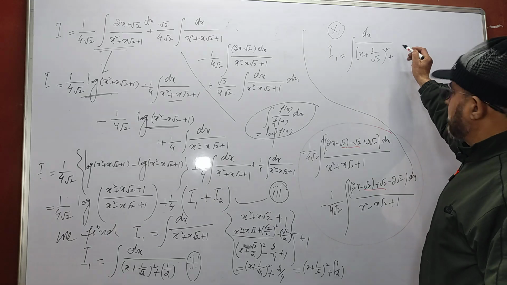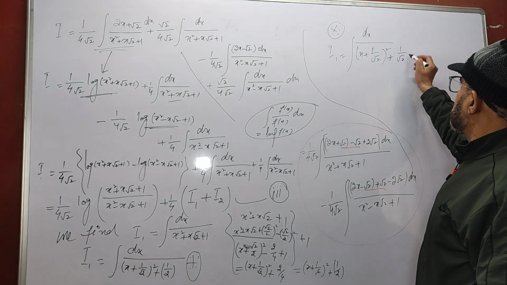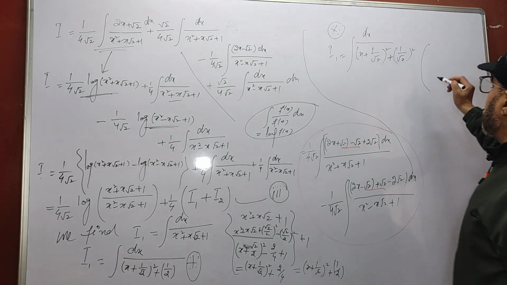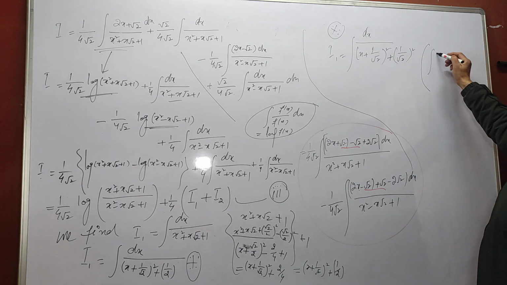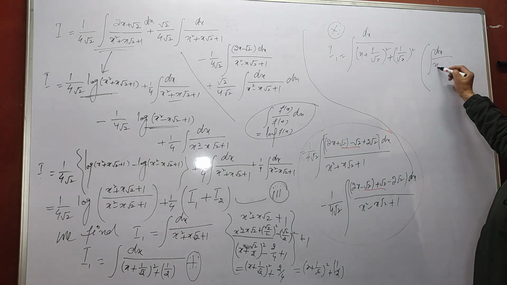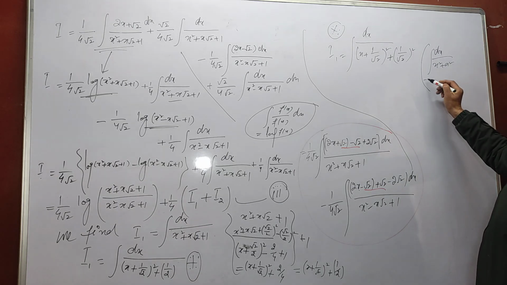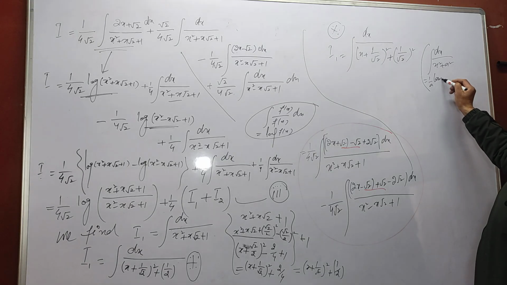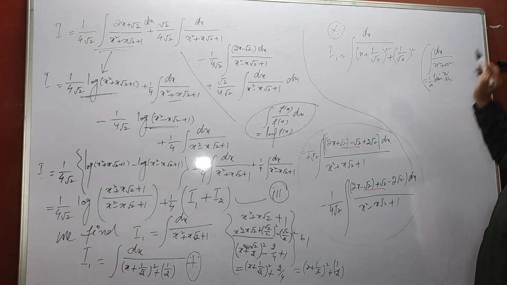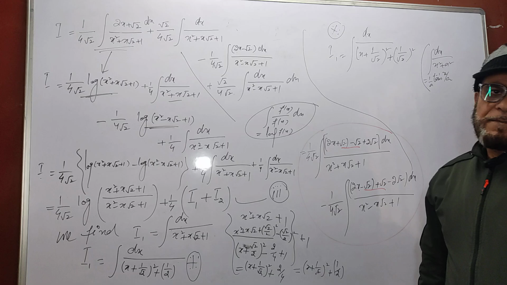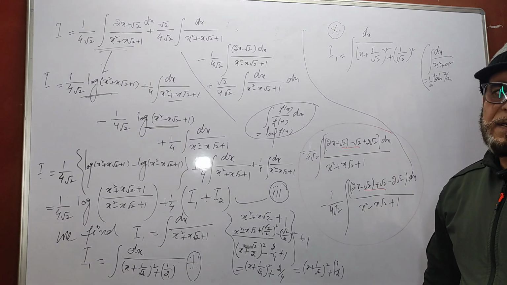I will write this also as 1 by root 2 square. No problem. Why am I doing this? Because I know the integral of dx by x square plus a square. This is a formula, 1 by a tan inverse x by a. This standard result I am using.